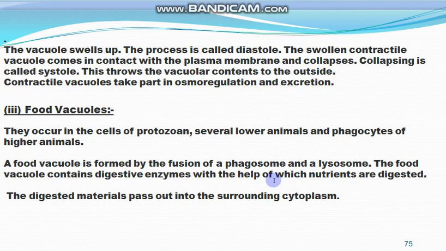And the food vacuole contains digestive enzymes with the help of which nutrients are digested. The digested material passes out into the surrounding cytoplasm. So when the food is digested, the digested material passes into the cytoplasm. So this is the role of the food vacuole.